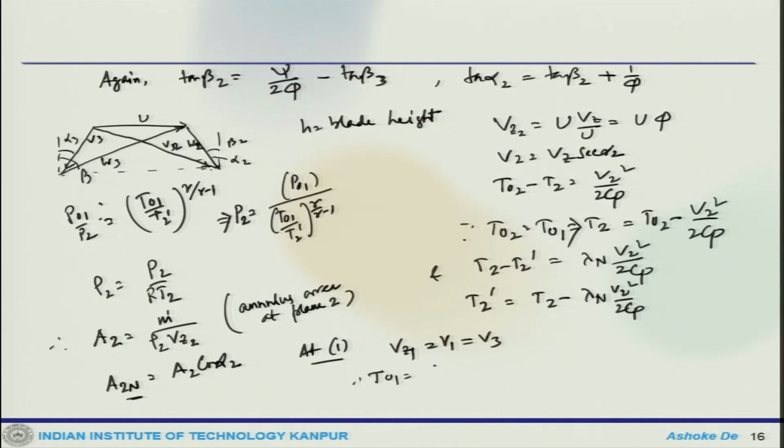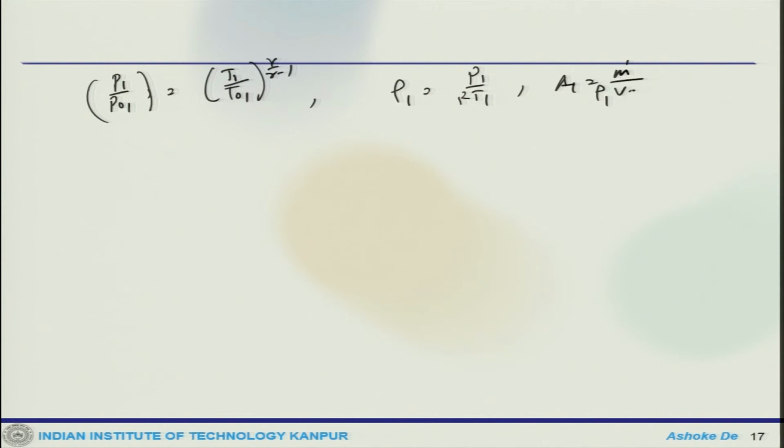So, we get T naught 1 minus T1 is V1 square by 2 Cp, from where we get T1 equals T naught 1 minus V1 square by 2 Cp. And the relationship of P1 by P naught 1, which is T1 by T naught 1, and density we get P by R T1, and area m dot by rho 1 Vz1.